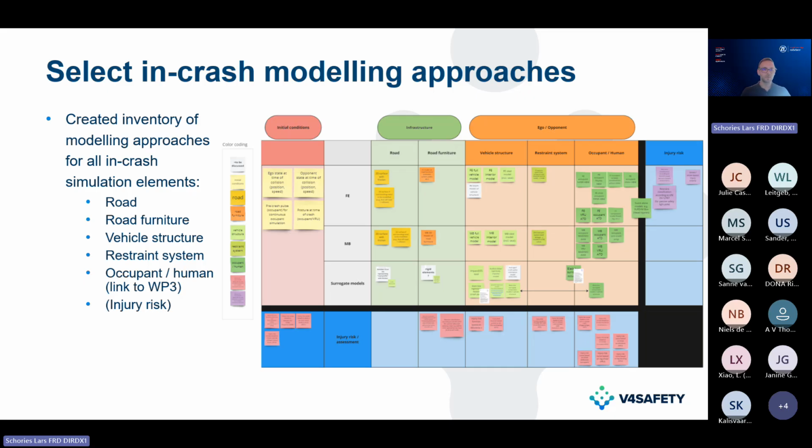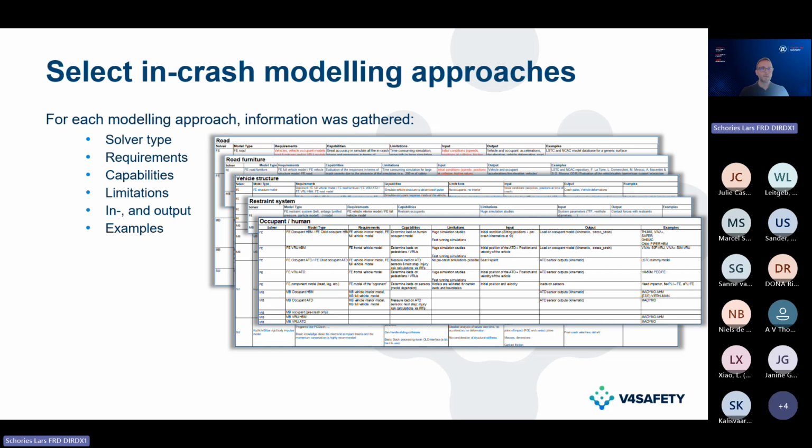We started with a huge inventory of different in-crash simulation approaches for road furniture, vehicle structures, restraint systems, occupants, but also injury risks. And we also created an in-crash simulation overview with a table, with requirements, solver types, capabilities, limitations, and also examples we have seen being used in the community over the last year.